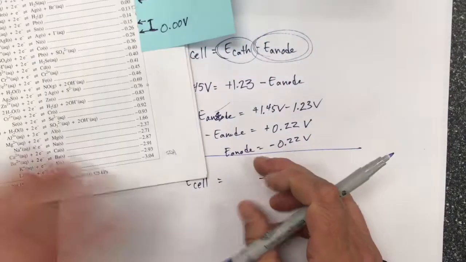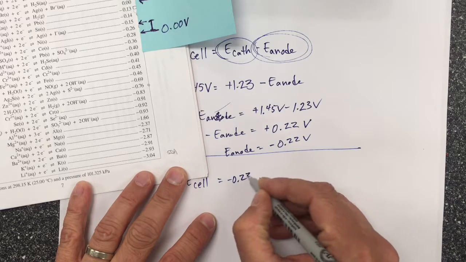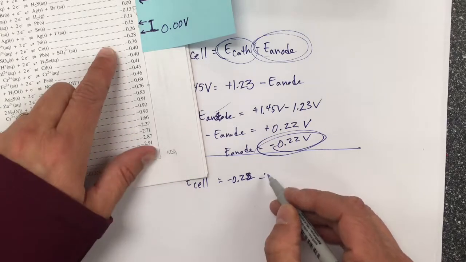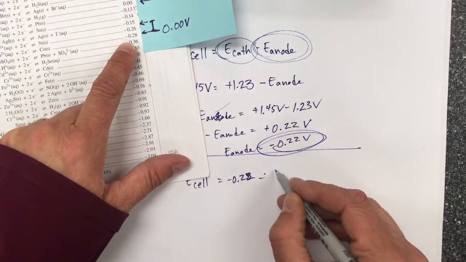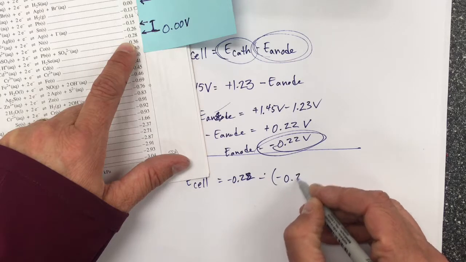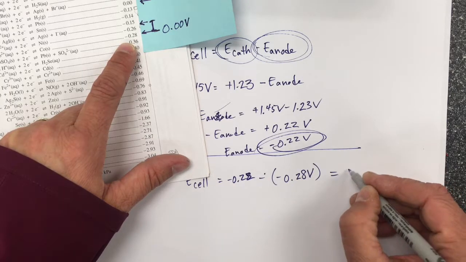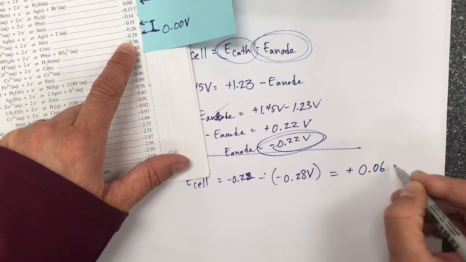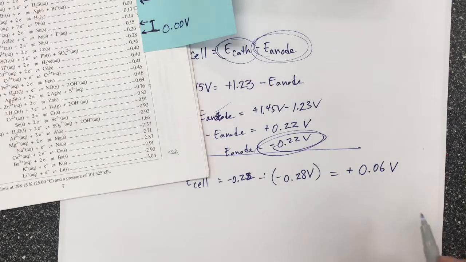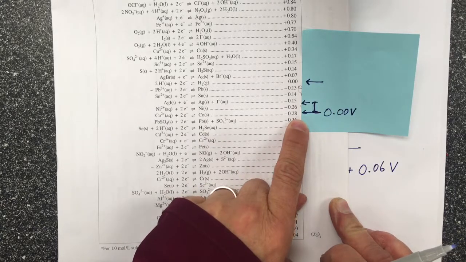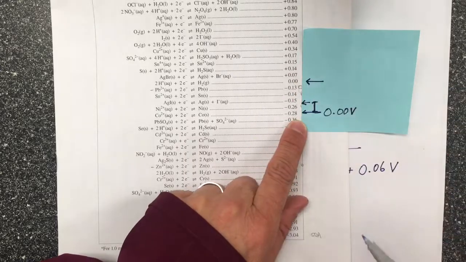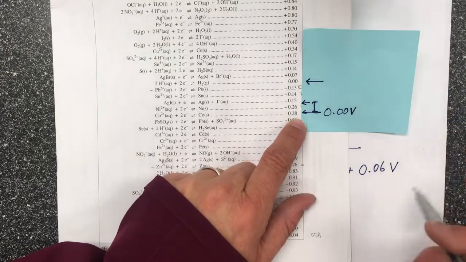From here, I had negative 0.23 volts, which is what we calculated here, minus cobalt, which is negative 0.28 volts. And so this is going to be positive 0.06 volts, and it's above it by that much. So that's how it would shift if I moved the reference cell from up here to down here, because basically I'm just shifting where 0 is on a number line.